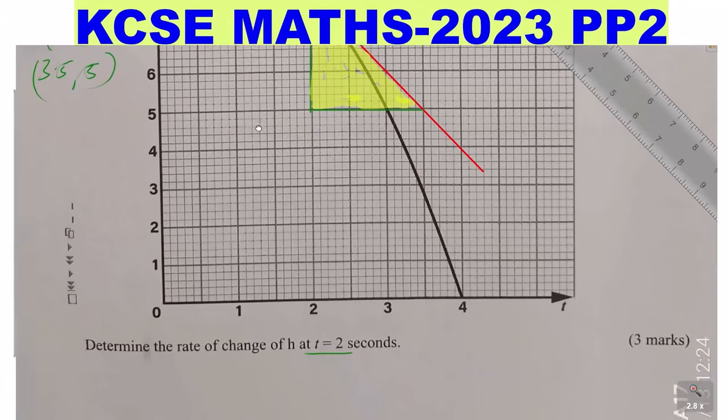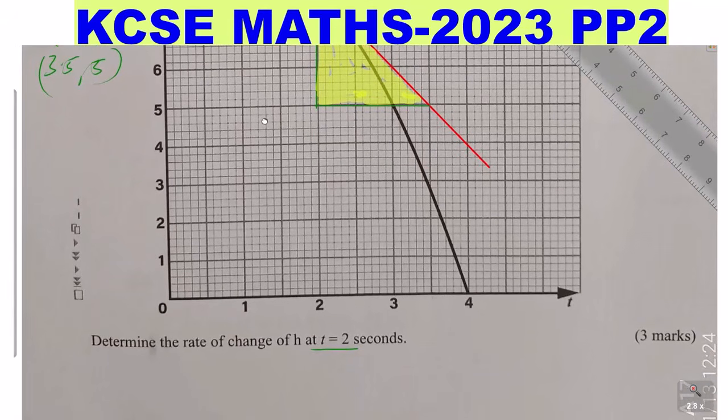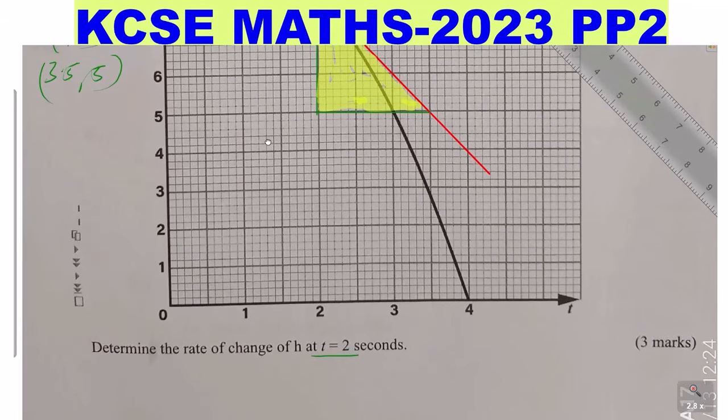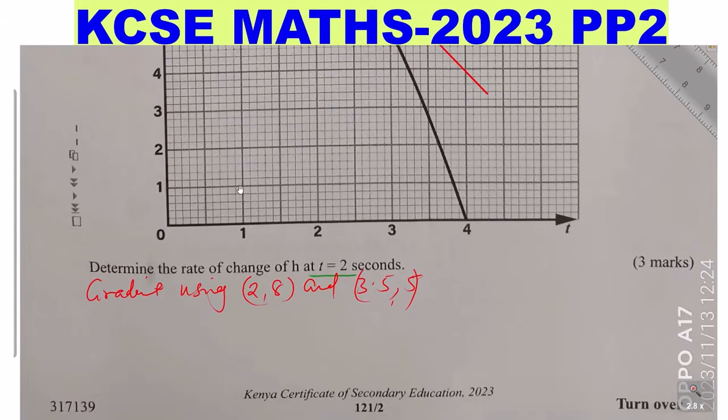So the rate of change, therefore, is given by the gradient. The gradient using these 2 points, (2, 8) and (3.5, 5). To get the gradient, change in y divided by the change in x.